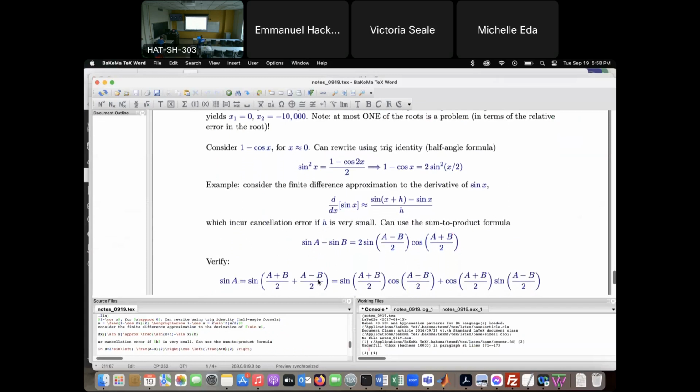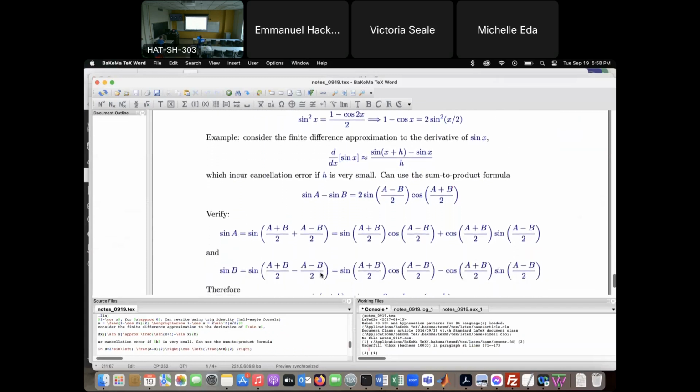I was deriving this, I think the last time I taught this class, I wanted to derive this on the fly to make sure I had this right, which is good for you all to know how to do. If I write sine A as this, so I'm basically expressing A using this overly complicated expression, and similar for B, then I can use the trig identity for the sine of a sum that gives me this, and the sine of a difference, which gives me this.